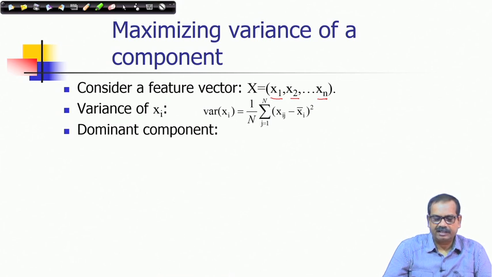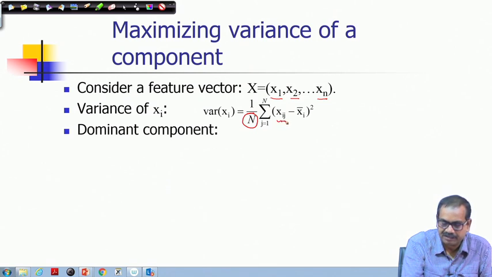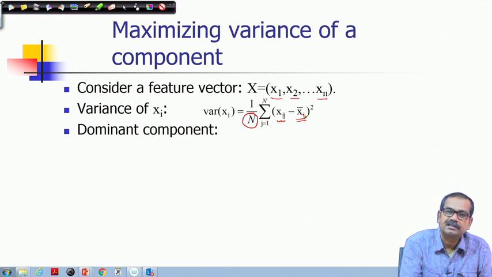This should be clear: if there are capital N data points, then for the jth data point we consider the value of the ith component, and you consider the mean of that component. This is the standard definition of variance.